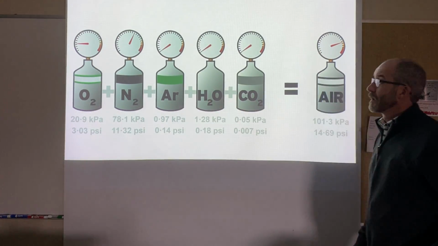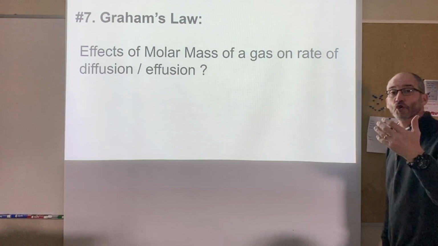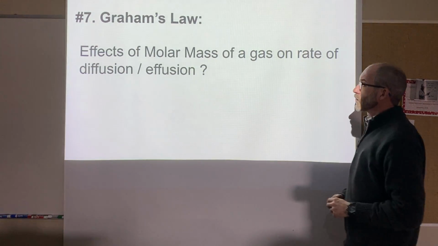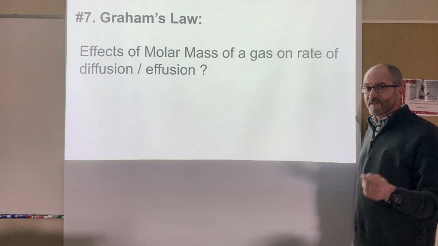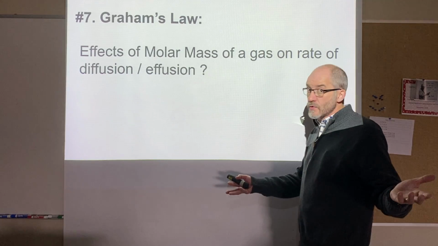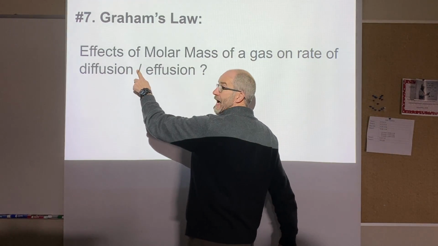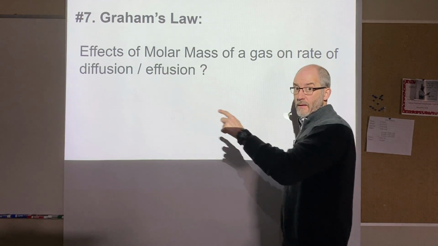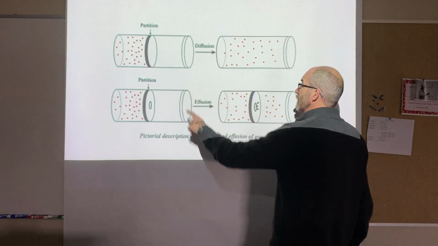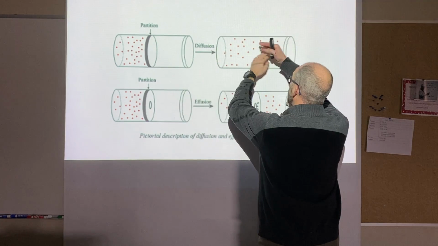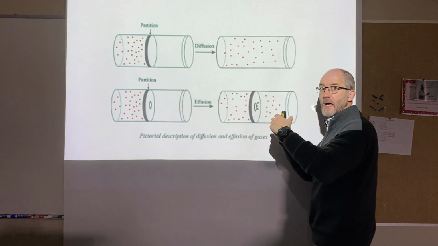And then last but not least is Graham's law. Graham's law will be the effects of molar mass, and you understand molar mass, on the rate of diffusion or effusion. What's the difference between the two? Diffusion is when all the gases mix together. So what kind of rate?